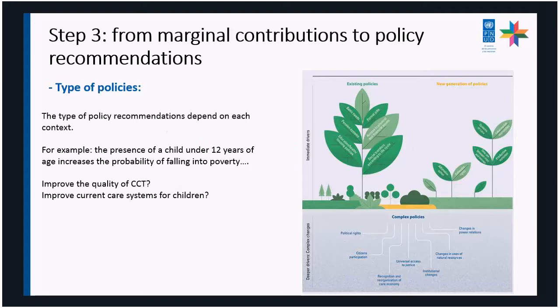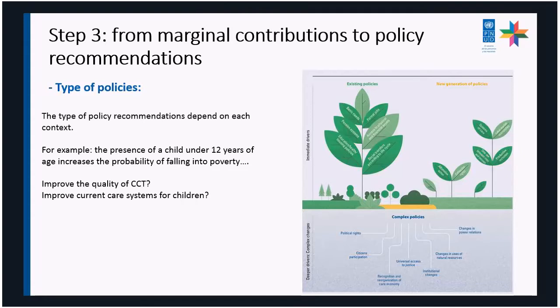We have what we call the existing policies, that are policies that currently are going on in most countries of the region. For example, government policies for pension systems, for formal jobs, for basic needs, among others.